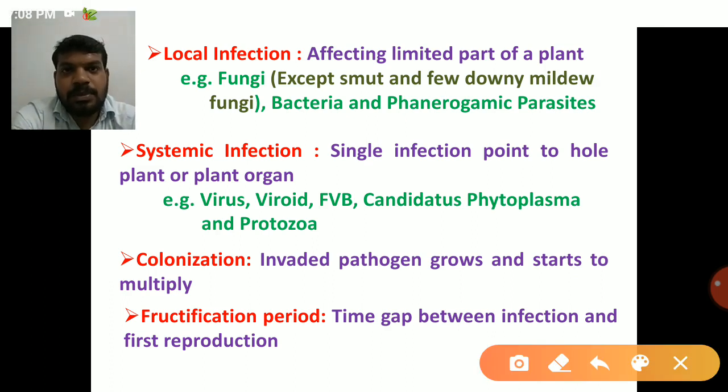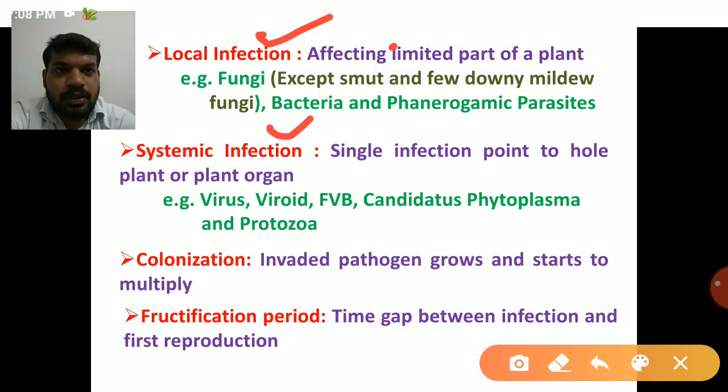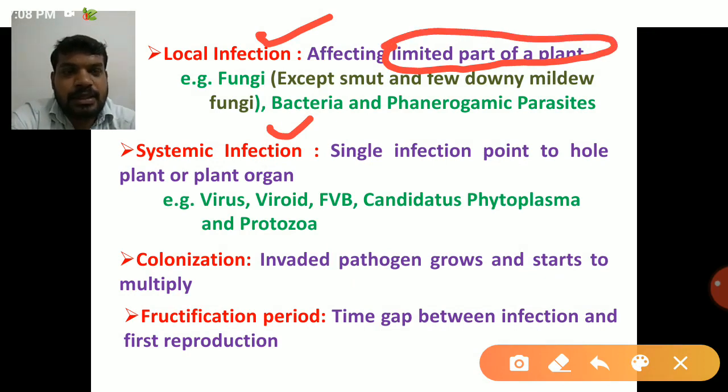There are two types of infection: local infection and systemic infection. Local infection means the pathogen produces limited symptoms, affects only a limited part of the plant, or only infects the contact region. For example, fungi, except smut and a few downy mildew fungi.